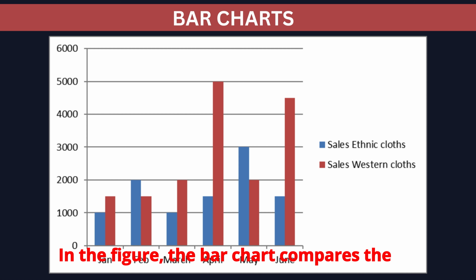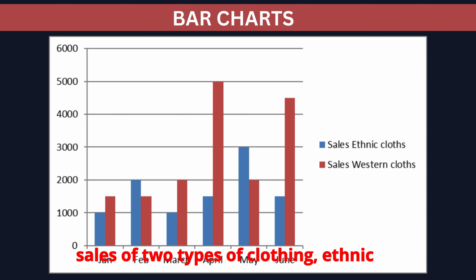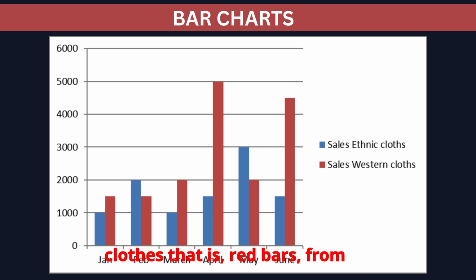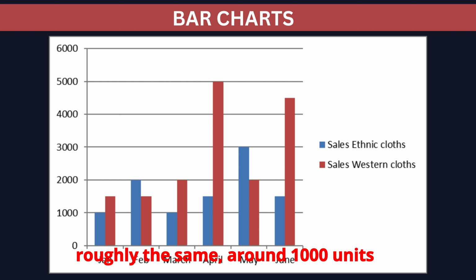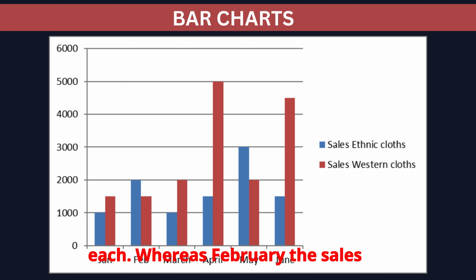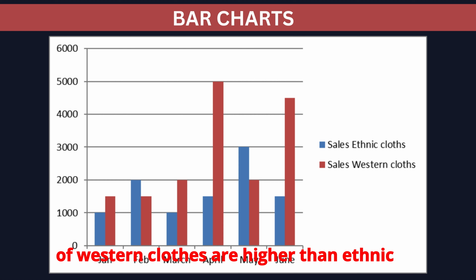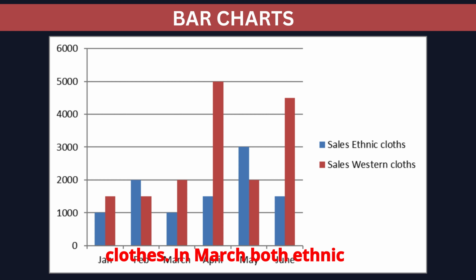In the figure, the bar chart compares the sales of two types of clothing, ethnic clothes, that is, blue bars, and Western clothes, that is, red bars, from January to June. We can see that in January the sales of ethnic clothes and Western clothes are roughly the same, around 1,000 units each. Whereas in February the sales of Western clothes are higher than ethnic clothes.